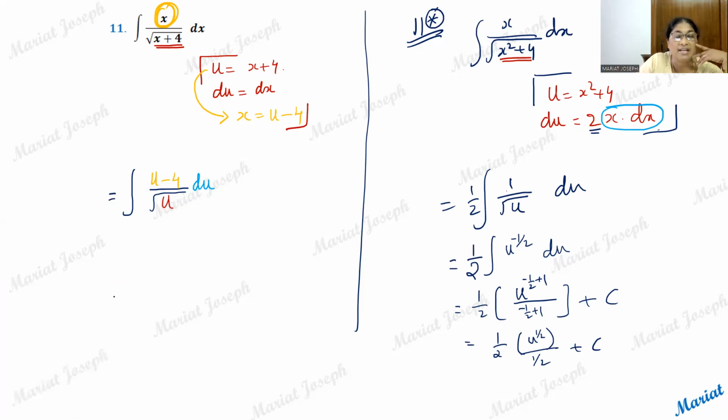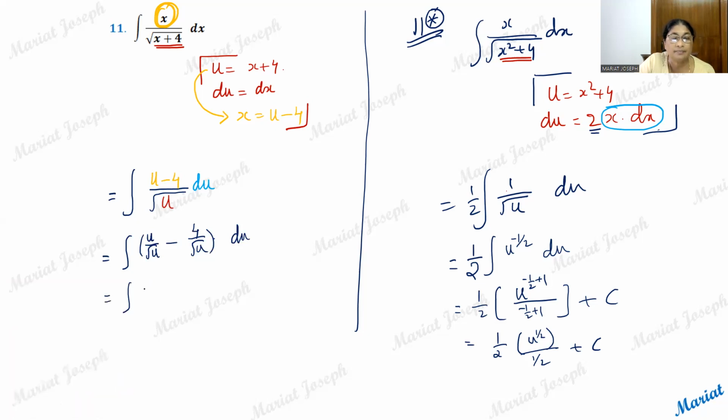Everybody following it well? Then you have to separate into two terms. u upon root u minus 4 upon root u du. What do you mean by u upon root u? Power subtract. u raised to the power what is left here?